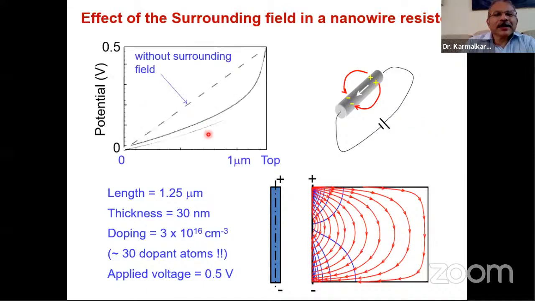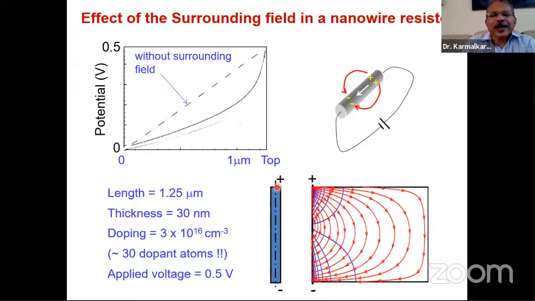Now, this is the effect. Potential versus distance is what is plotted by simulation. Distance starts from 0 to top. So bottom potential is 0 and I'm moving up.